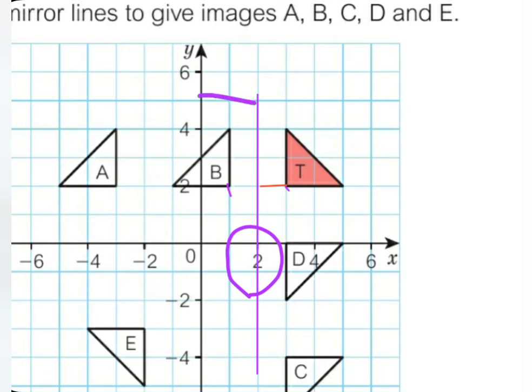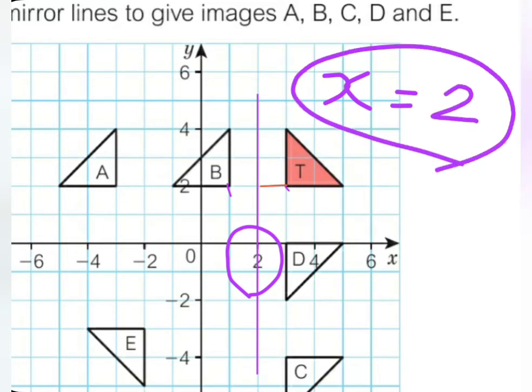Yes, y changes all the time. Look, it's not the same y, but it's on the same x. X is always 2 here. Look, here 2, here 2, here 2, here 2. So x is always 2. So the line will be x equals 2. Very good. And this is the mirror line between these two, shape and image.